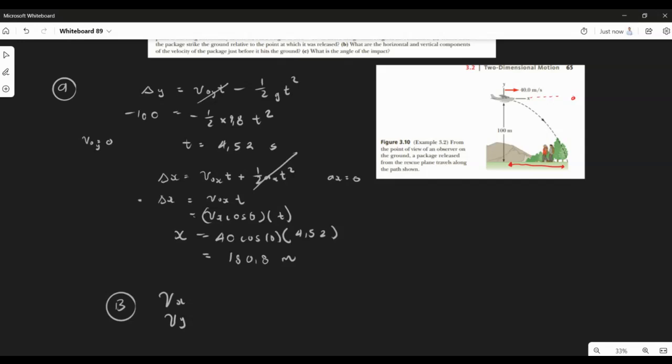So what I'm going to do, I'm going to quickly go back and copy the formulas for you so you can see it, and you can find v_x and v_y for me at that particular time. So I'm going to copy it just so you can apply it at least. So that's at the point of impact. Okay, so they want v_x and v_y, not v_ox and v_oy. Must be really careful.